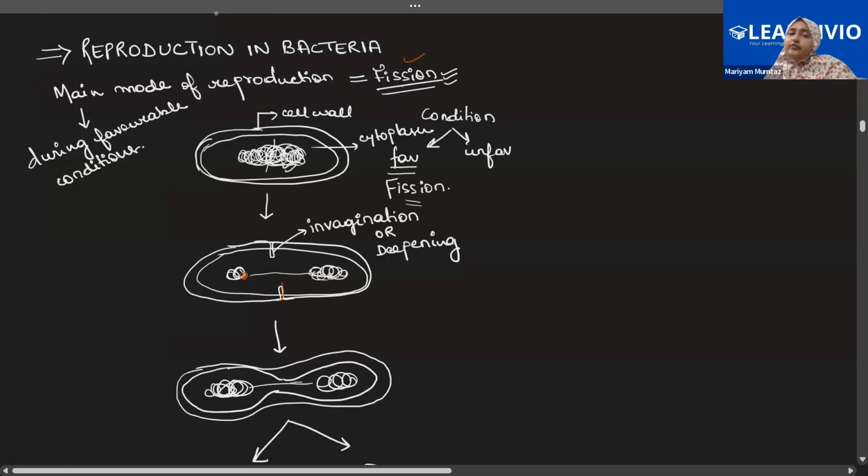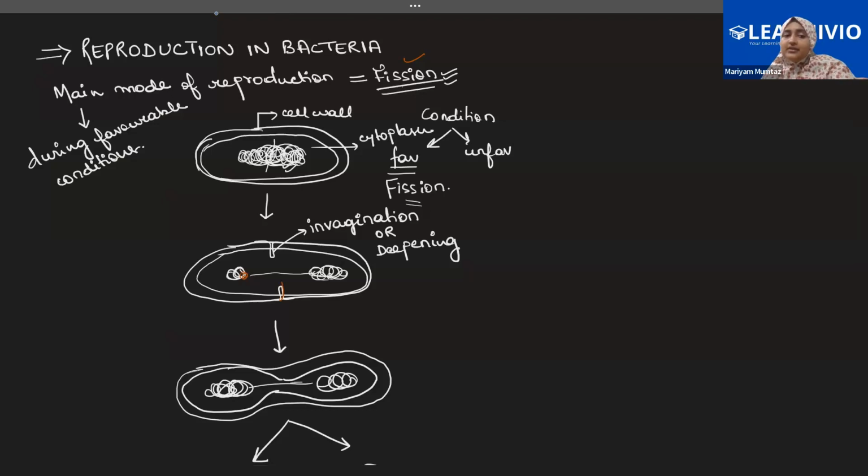The main mode of reproduction in bacteria is fission. What happens in fission? In fission, the cell divides into two cells. First of all, the outer wall is the cell wall. Inside there is the cytoplasm and then there is the genetic material.